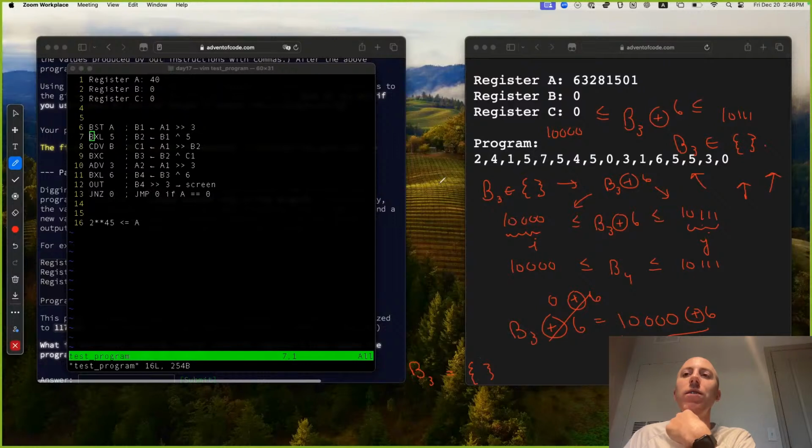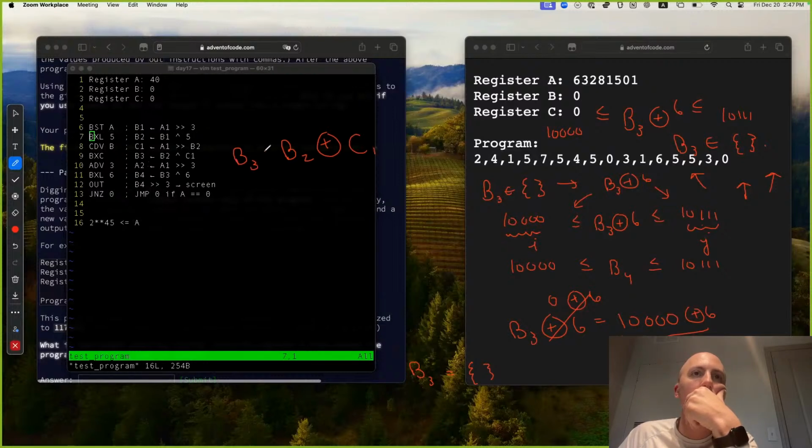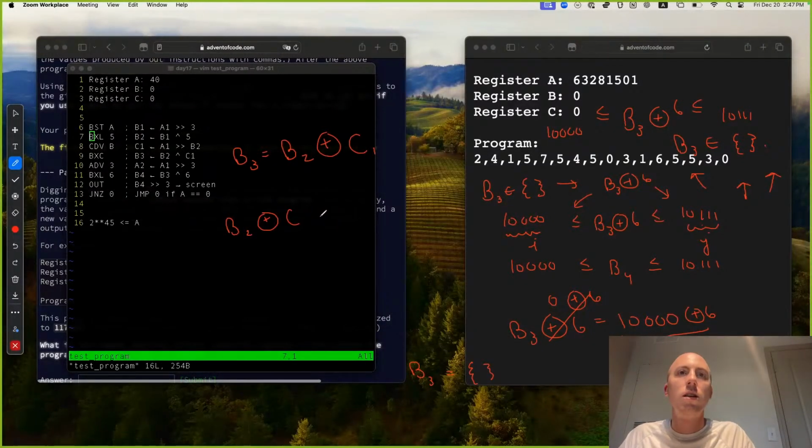And then once we have that, if B3 is in this set, then it'll do this. But what is B3? B3 is B2 XORed with C1, just with the math notation, is in this set.